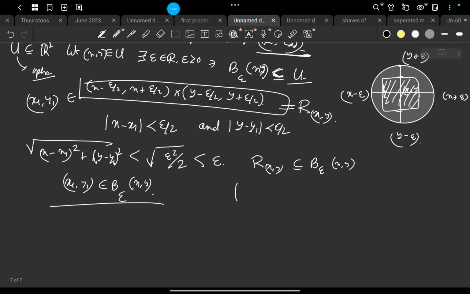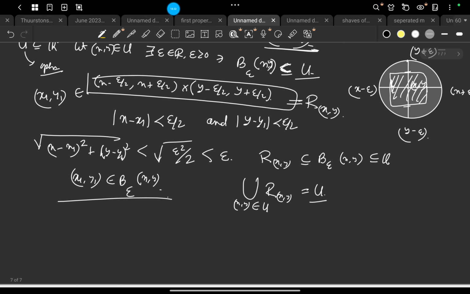So if I take this, and this is inside U, and if I take the entire union of (x, y) of such cells of U and R_xy, then of course it will be the same as U. So that means every open set of R² in the normal rectangular topology can be written as an arbitrary union, maybe countable, uncountable, or whatever, of certain open rectangles.